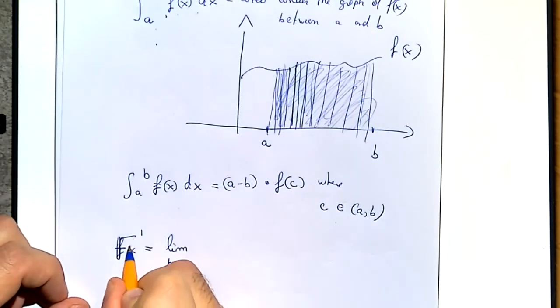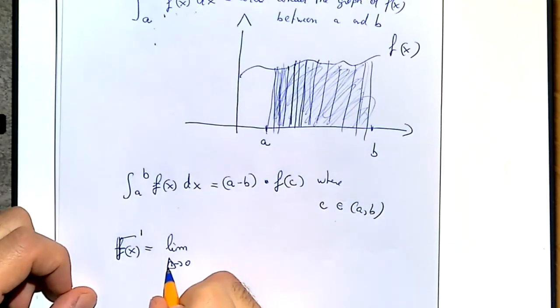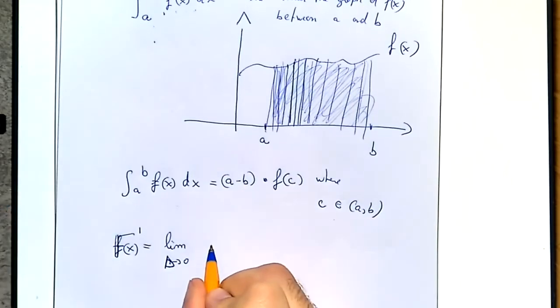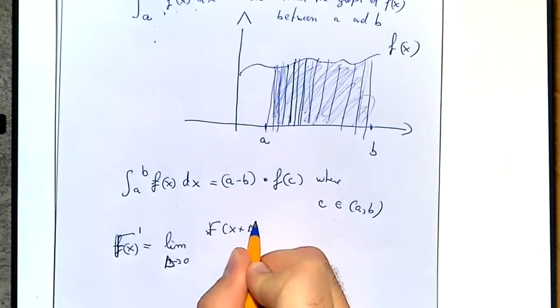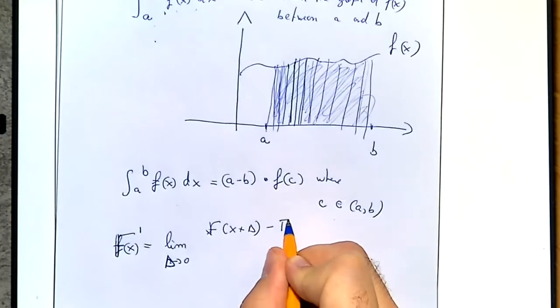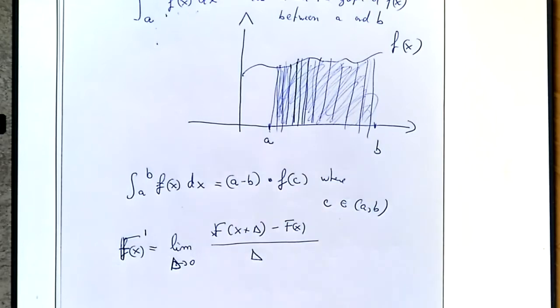In the book you have delta. When delta goes to 0 of f of x plus delta minus f of x over delta, okay?